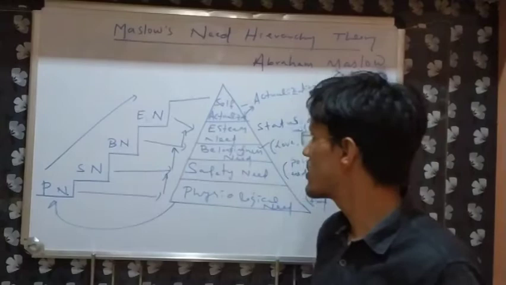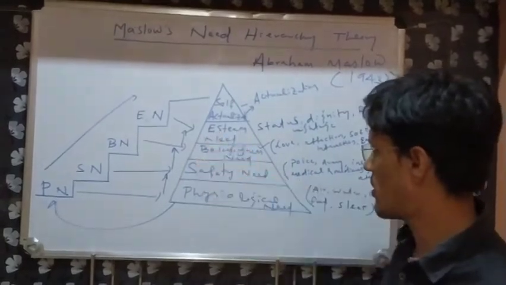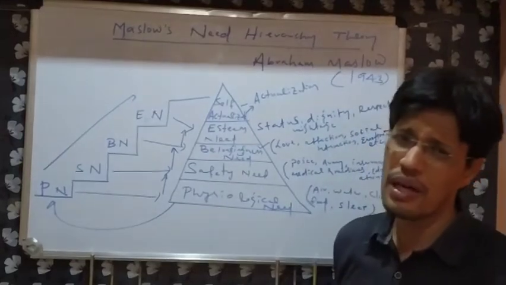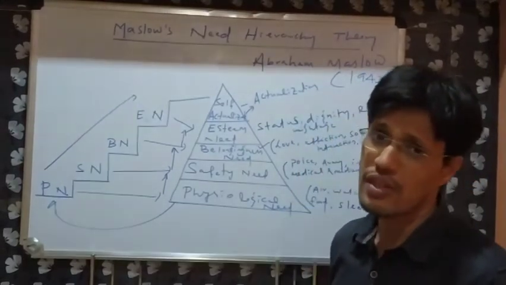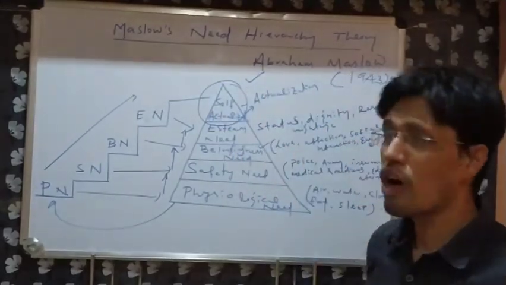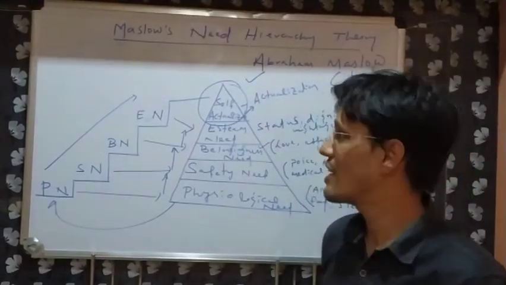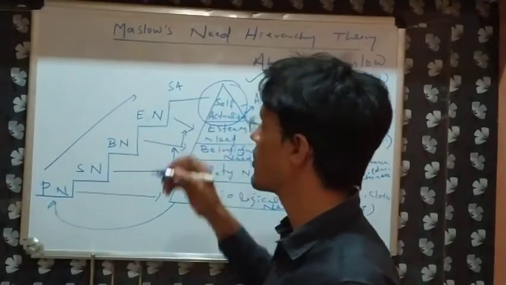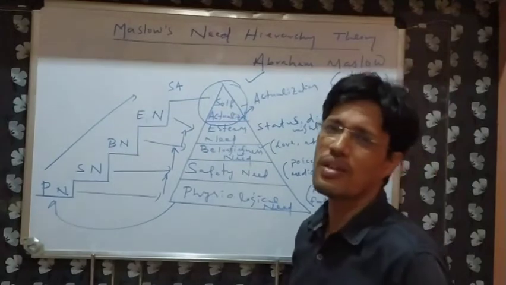So once all four needs are fulfilled by that individual, next comes the big part of the pyramid, that is self-actualization. What I can say, self-actualization, SA. It is a very interesting one.